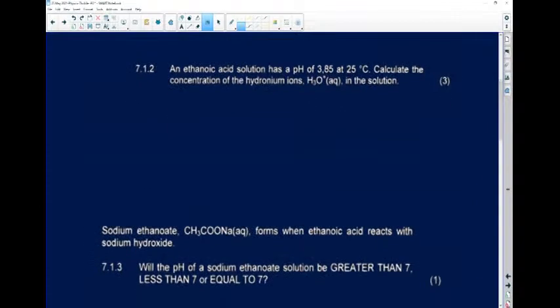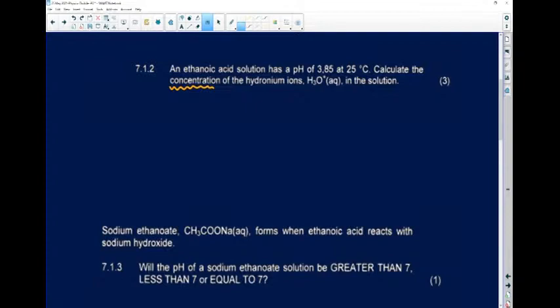Number 7.1.2, an ethanoic acid solution has a pH of 3.85 at 25 degrees Celsius. We must calculate the concentration of the hydronium ions in the solution. Now, you could have done this in various ways.